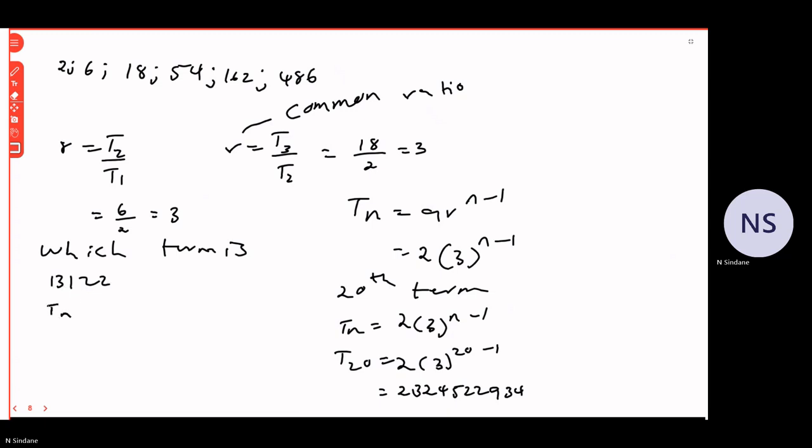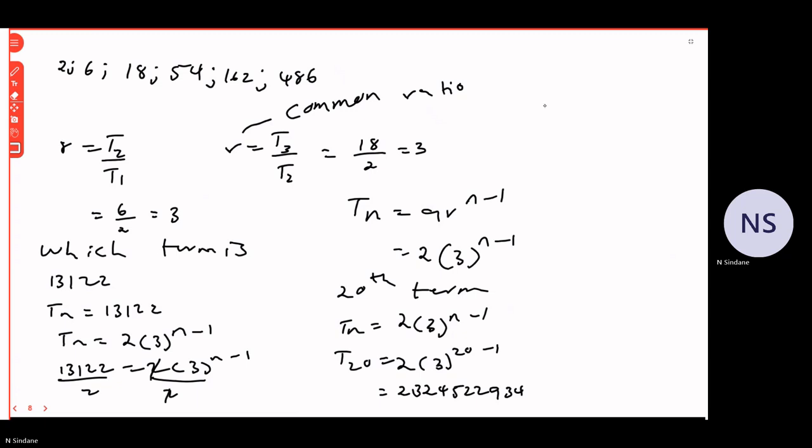So, Tn is equal to 2 into 3 to the power n minus 1. Then this is 13,122 is equal to 2 into 3 to the power n minus 1, right? And then remove this 2, remove this 2. I'm going to have 6561 is equal to 3 to the power n minus 1, right?